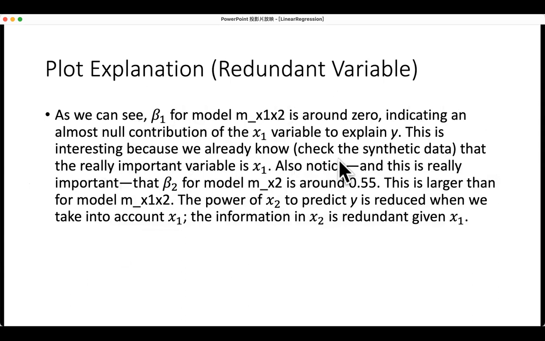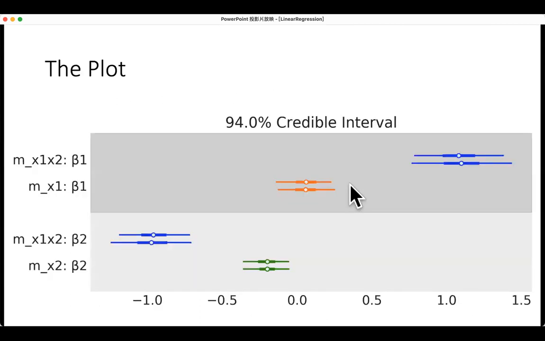The first half is obvious in this case. The second part, starting from "also notice", is obviously not the case, not around 0.55. This is an error in the textbook.